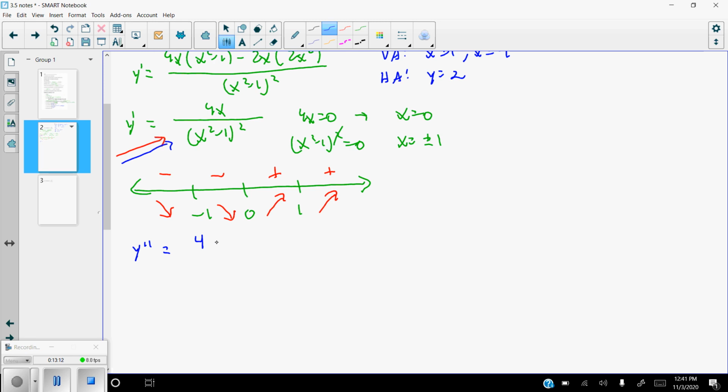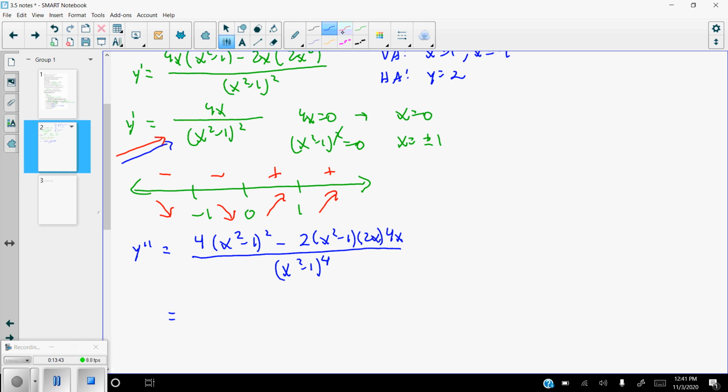Derivative of the top, 4 times the bottom, x squared minus 1 squared, minus the derivative of the bottom, which will be a chain rule: 2 times x squared minus 1 to the first power times the derivative of the inside, which is 2x, times the numerator, which is 4x, all divided by x squared minus 1 squared squared, which is going to make it to the fourth power. Let's simplify that.